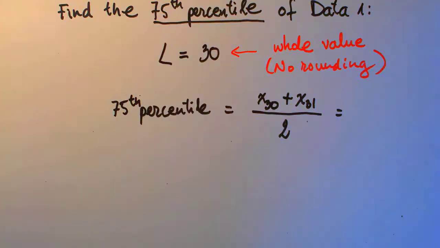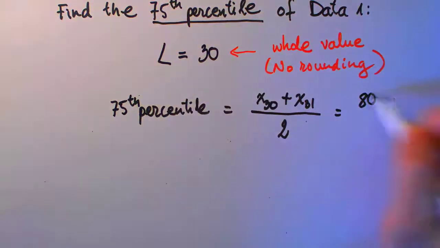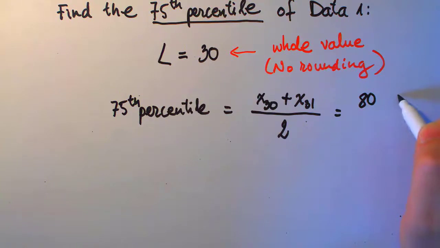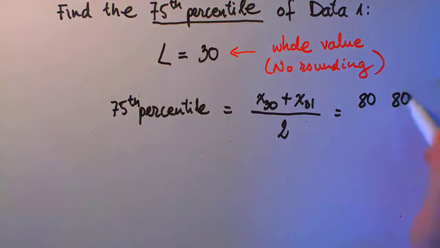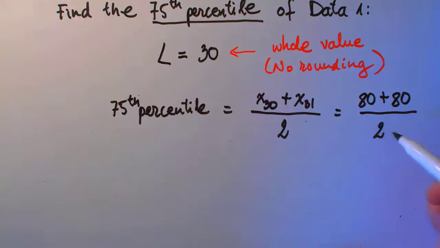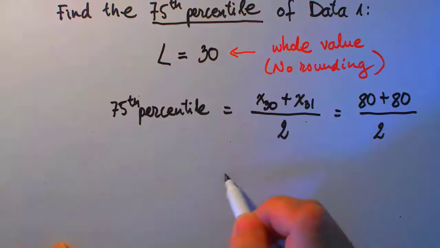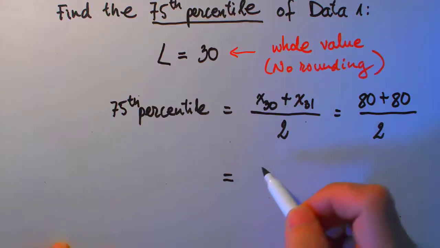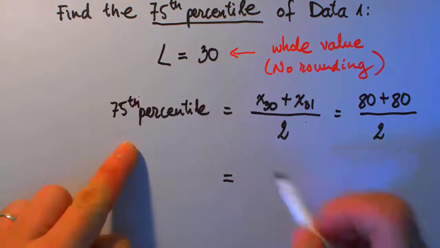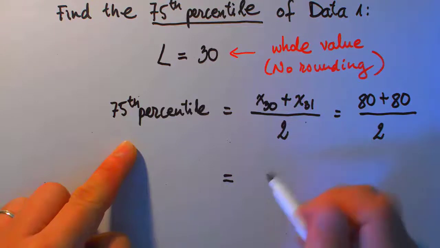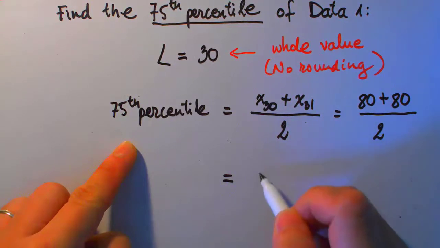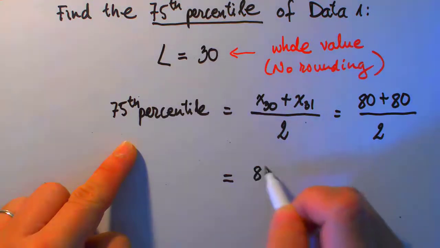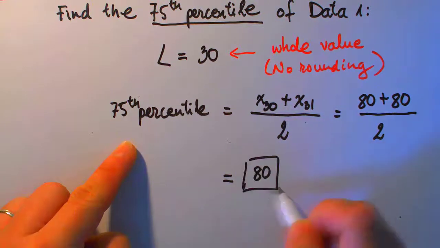My 30th value on the list was 80, and my 31st value on the list is another 80. We add the two values, divide by 2. So now we come to the conclusion that our 75th percentile was at value 80.